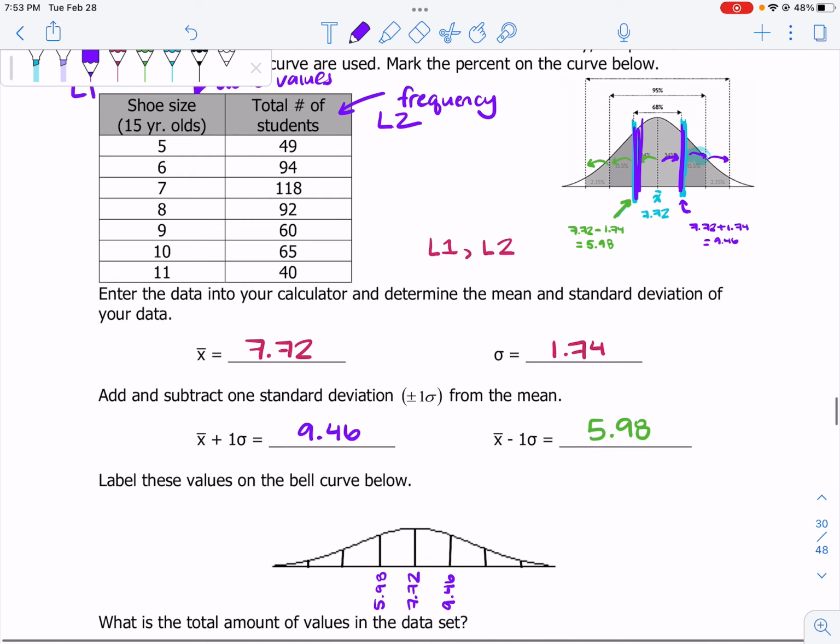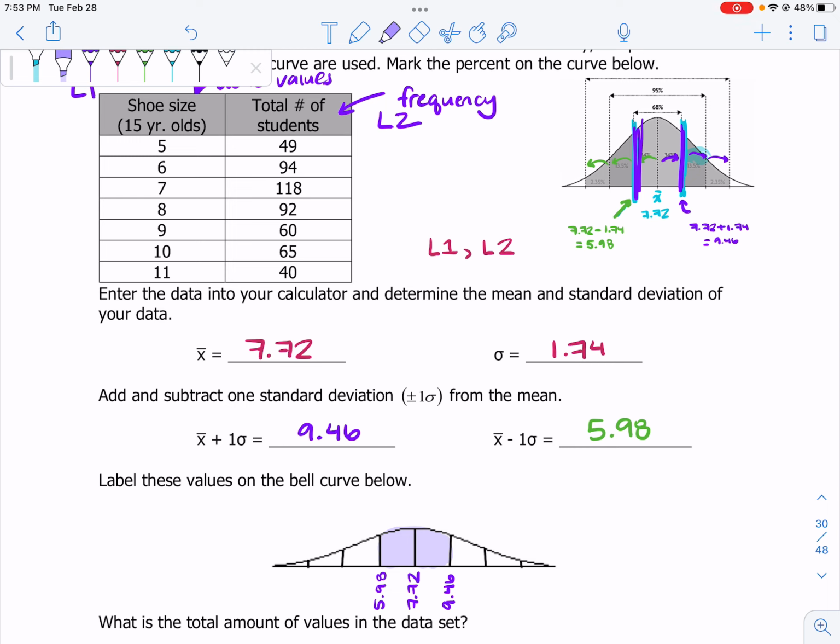Our next step, once we've gotten to this point, is to determine how many values fit within here and what percentage that represents. We'll need to do 3 things total.